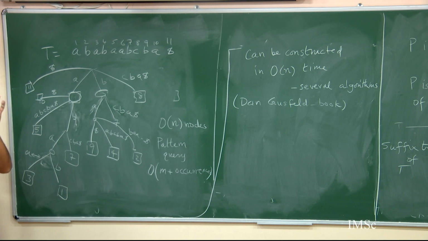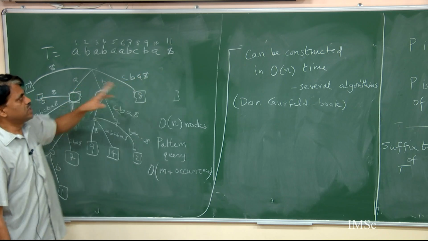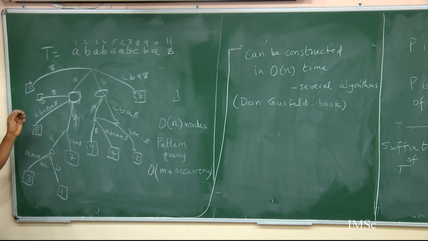Okay, so you have an ordered alphabet. A is less than B is less than C. Let's assume your dollar is smaller than everybody else. You can also use the convention that dollar is bigger than everybody else. I think the way I have drawn, dollar is smaller than everybody else.